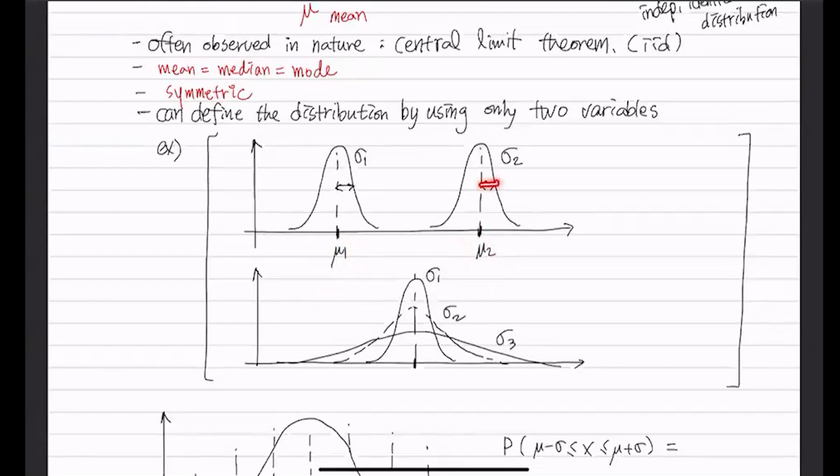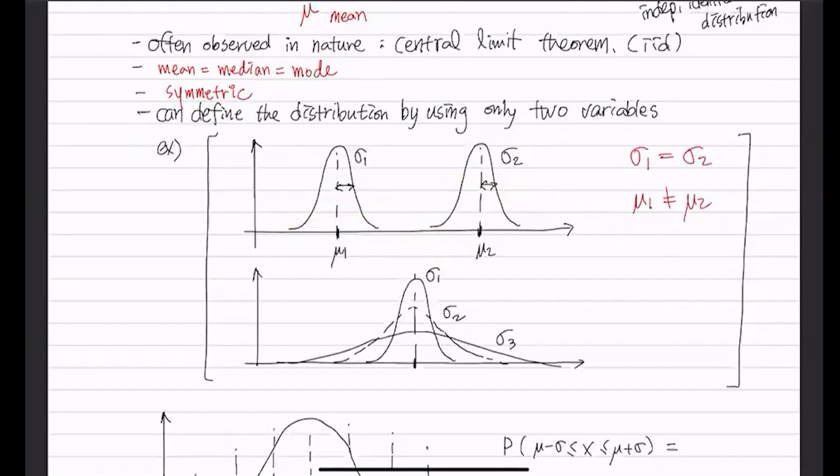But the spread of the measurements is similar, right? So from here, you can tell the standard deviation is the same, but mu1 and mu2, the mean values, are different, right?